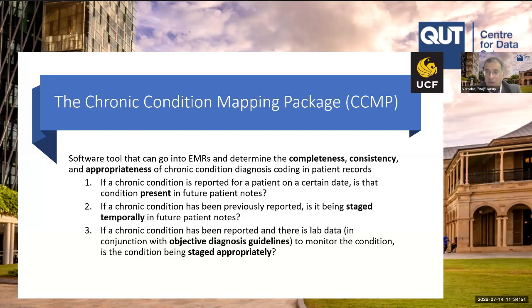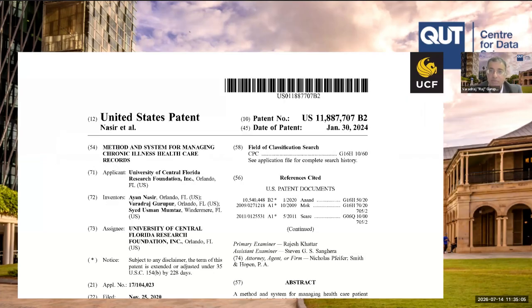So we looked at this, and we came up with a formula to quantify missingness of chronic conditions. That turned into another patent. I go around the world, kind of preaching that these are the things we've done. So this is another thing we worked at.